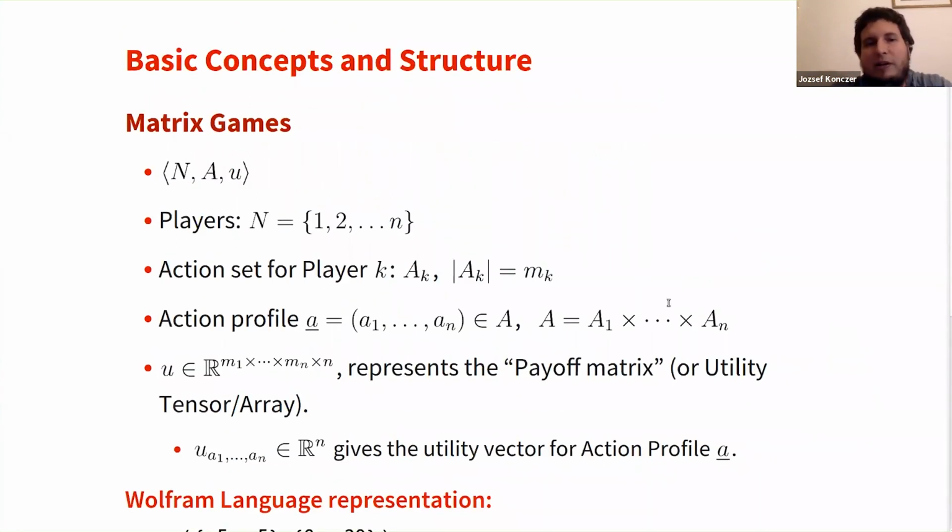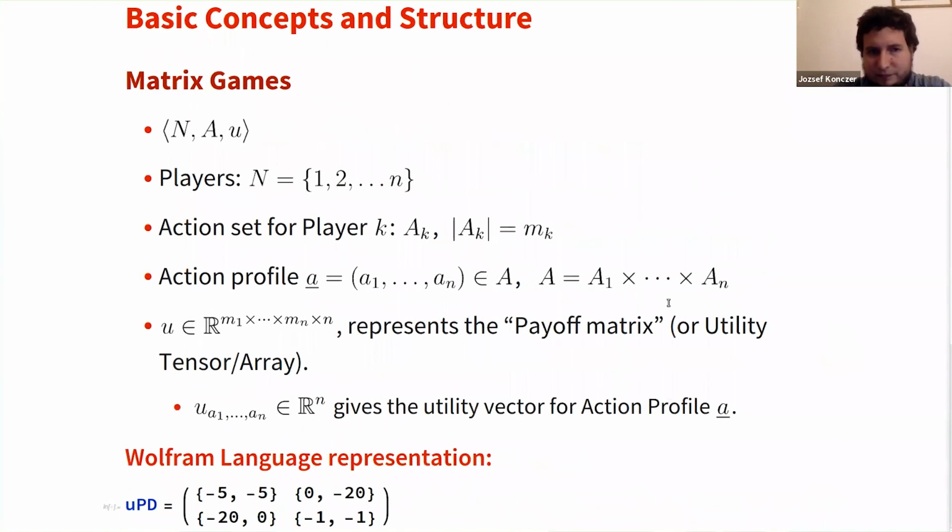Okay, very briefly, just the mathematical structure. So a matrix game is formally a set of players, then an action set, and the utility matrix or tensor, more precisely. So every player can have an action set which is finite, but the number of actions can actually differ for every player.